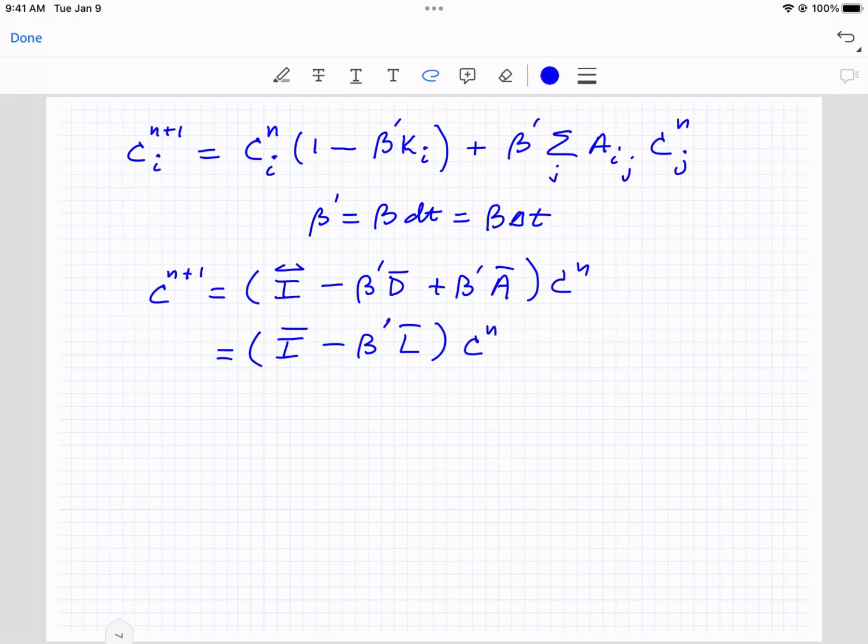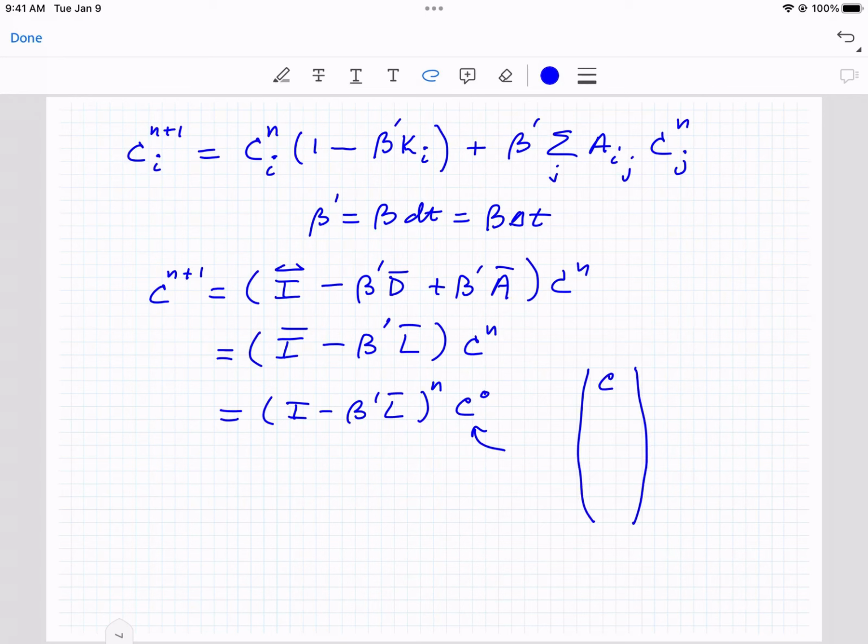And now we actually play the game of the map and the Floquet multiplier. What we do is we recognize that this is equal to I minus beta prime L to the n multiplying by the initial conditions. So this is an n-dimensional vector of concentration values.